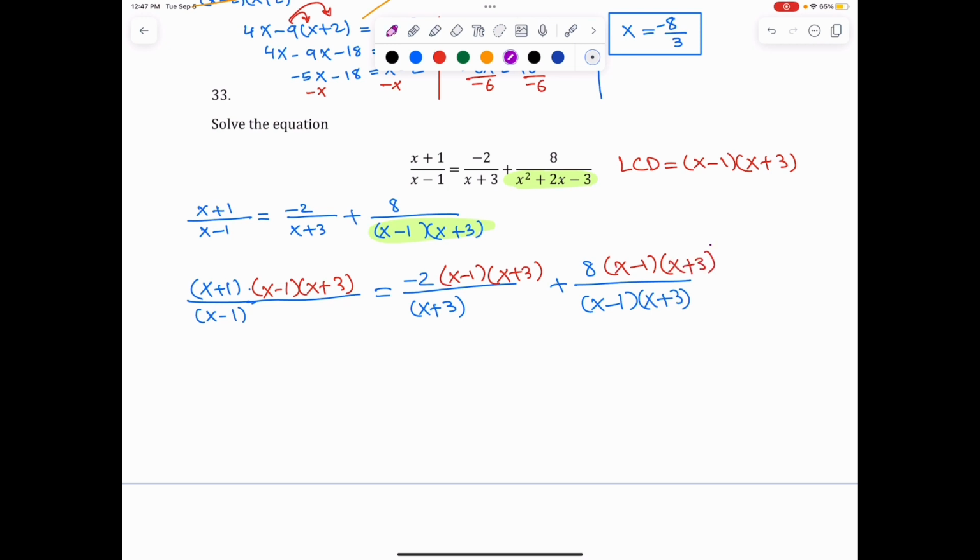Again, these are going to cancel. These two are going to cancel. And one of these is going to cancel with one of these.